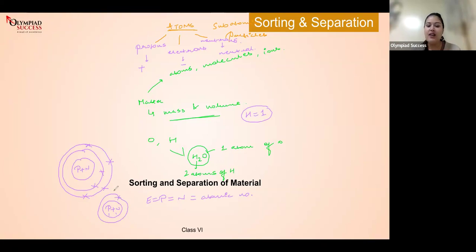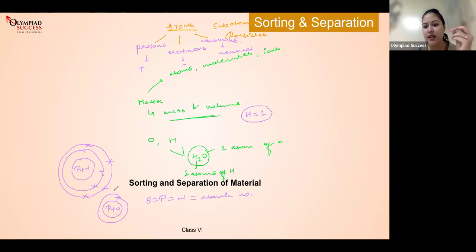Okay, now sometimes certain atoms cannot exist in this form. That means hydrogen cannot exist in a single electron form. It has to complete the orbit, so it takes an electron from someone else.